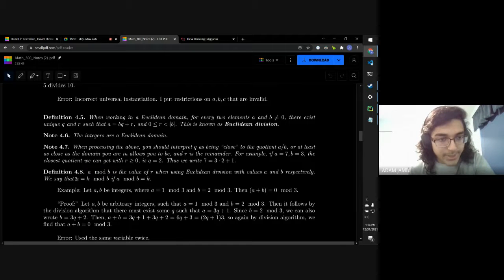And we can also extend a little bit what we can talk about with modulo. We can say that two numbers are equal modulo b if, hang on, this is a typo. I'll correct it later.